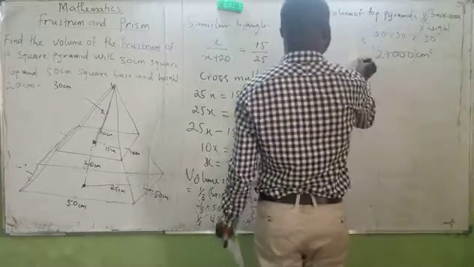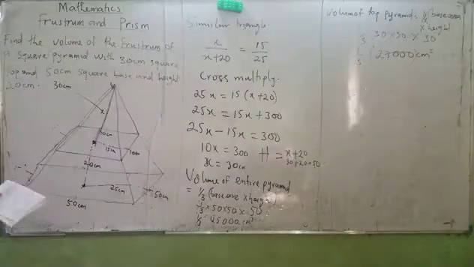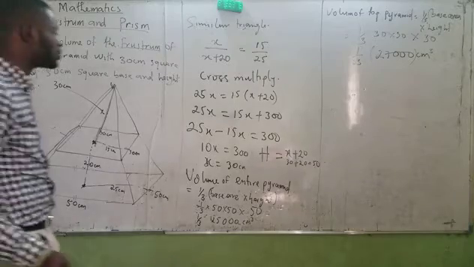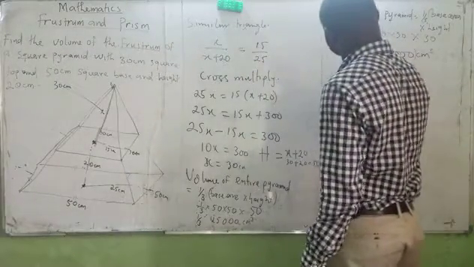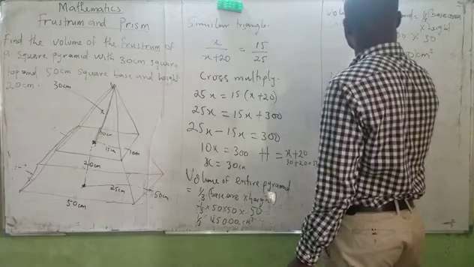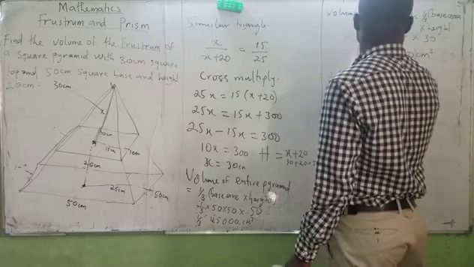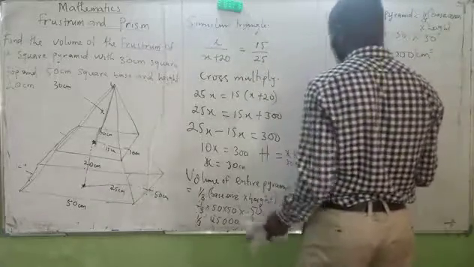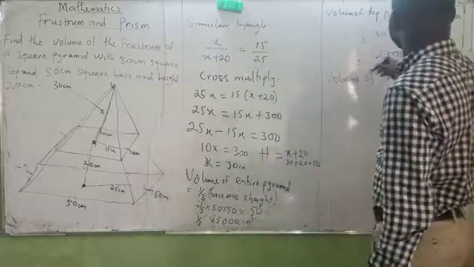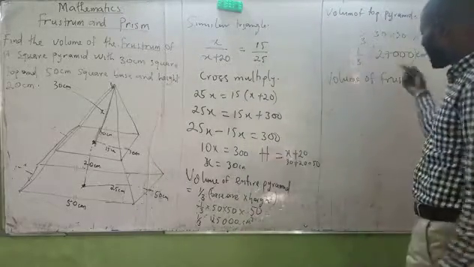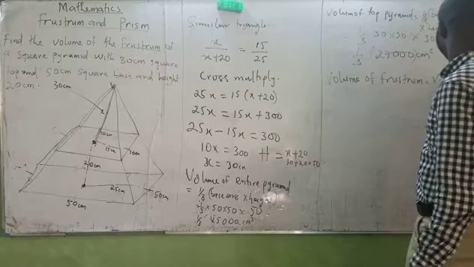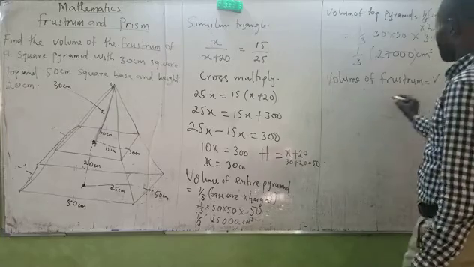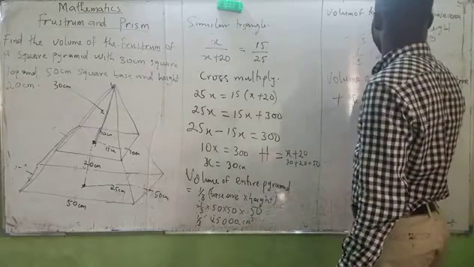Now, this is 1/3. I want to find the volume of the frustum. The volume of the frustum will be equal to the volume of the entire pyramid plus the volume of the top.